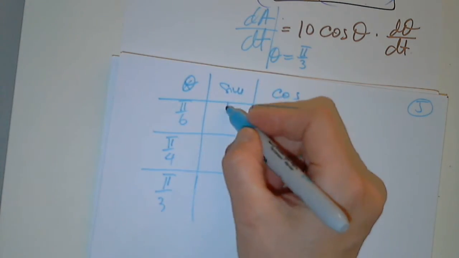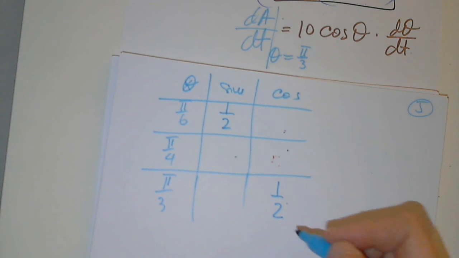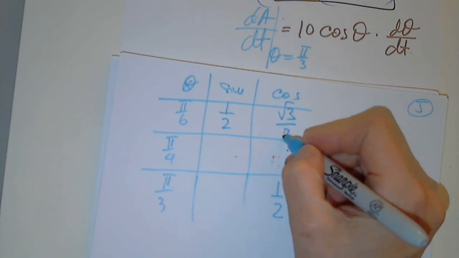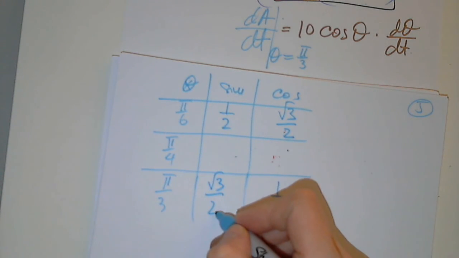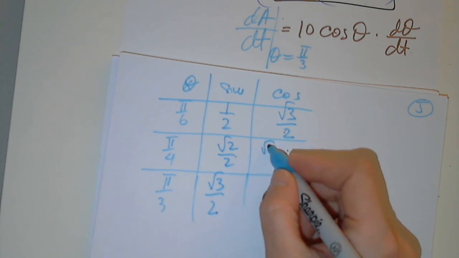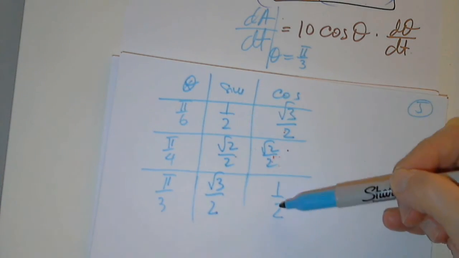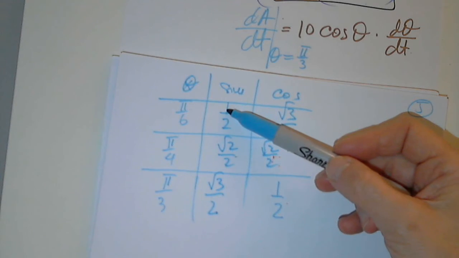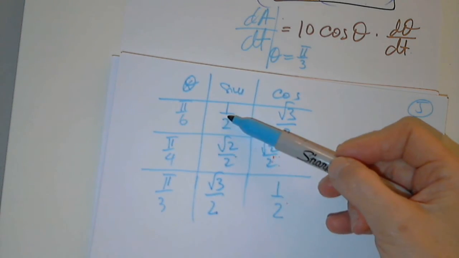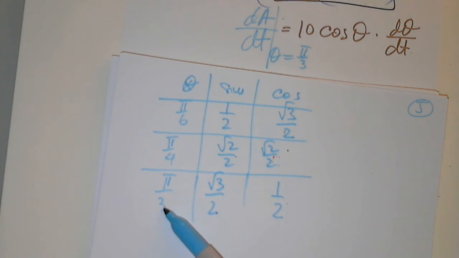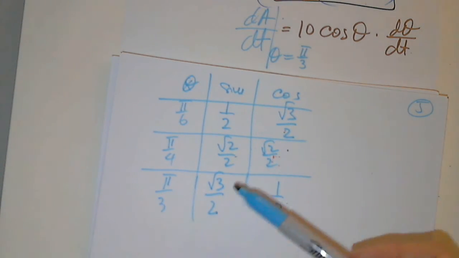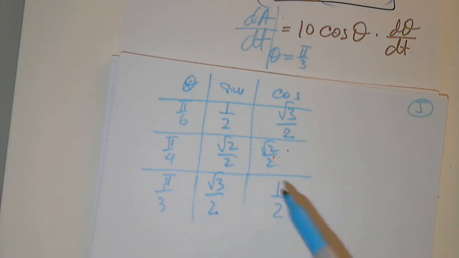And here's how easy this is. One half, one half. So we always start with 1/2 at the top with a small angle for sine. And you end at the bottom for the large angle with 1/2 again. And this is the square root of 3 over 3. And this is the only angle that has same sine and same cosine. So then how much is cosine pi over 3?